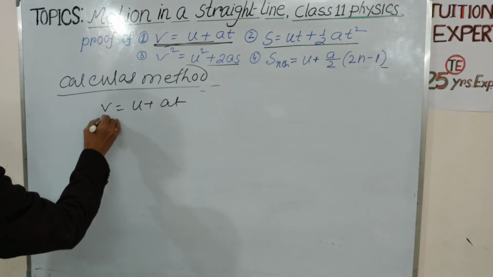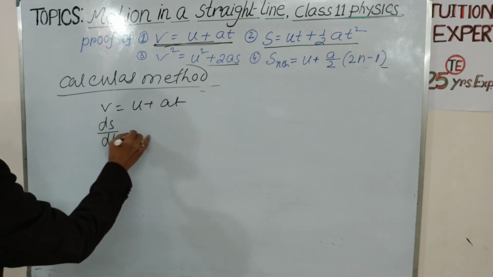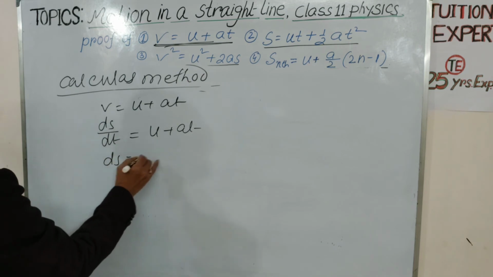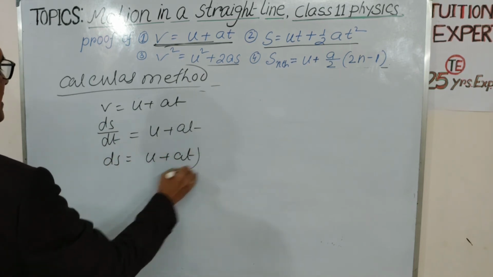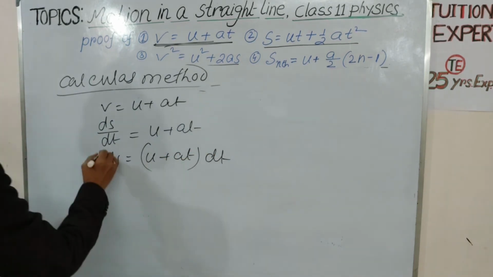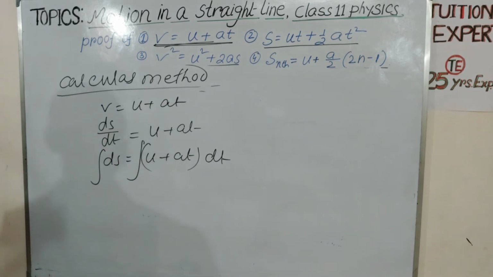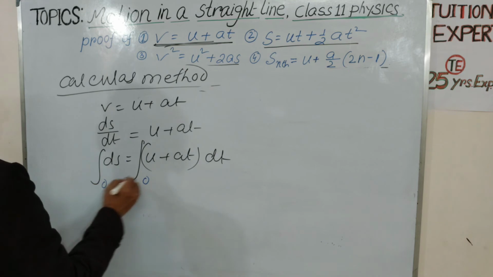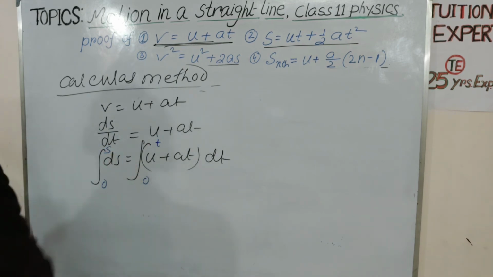Now v equals ds by dt, so ds equals u plus at into dt, integrate both sides. Now put t equals 0, s equals 0, and at t the distance is s.